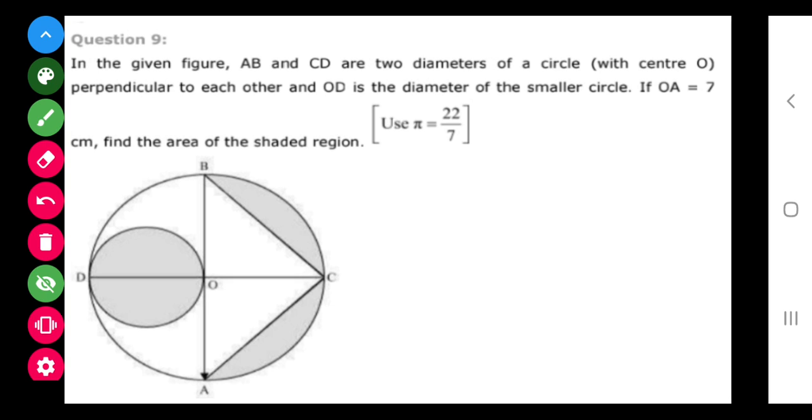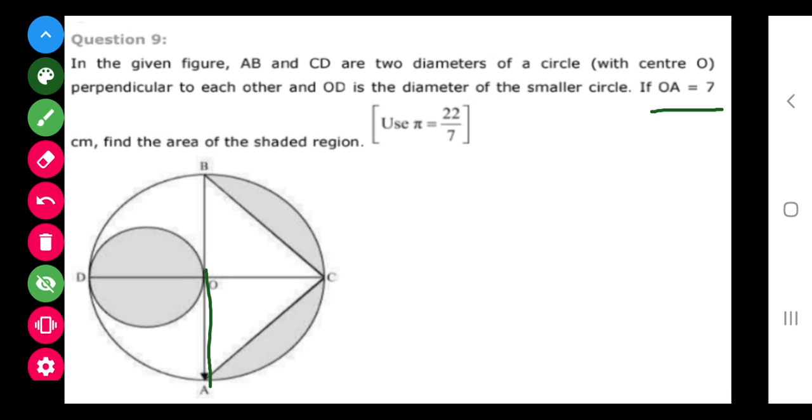Now class, what we will do: according to the question, this AB and CD are the diameters and perpendicular to each other, meaning this is 90 degrees, this is 90 degrees. Now we need to check for the radius.